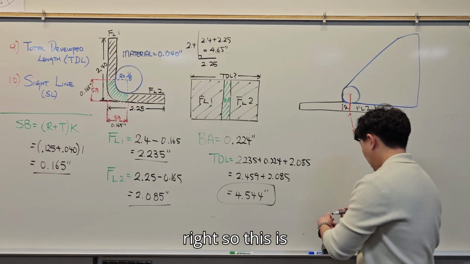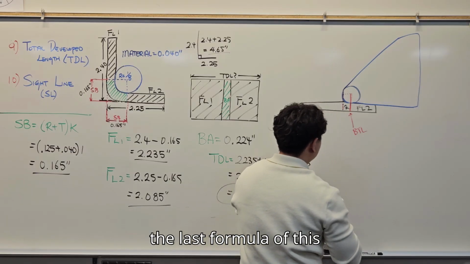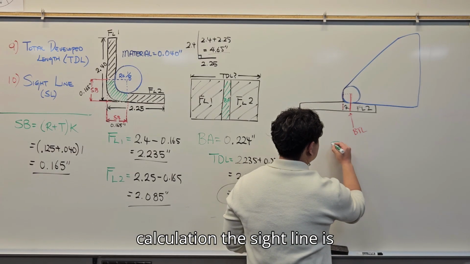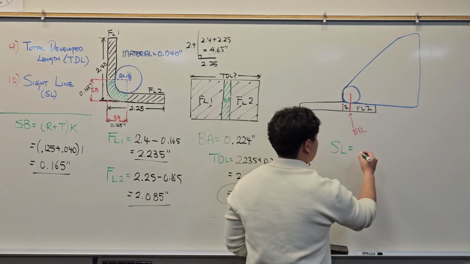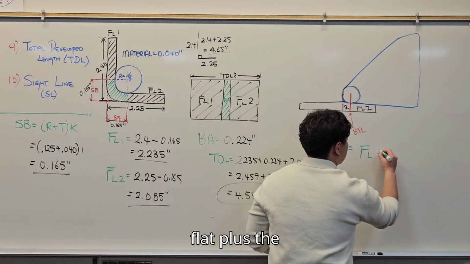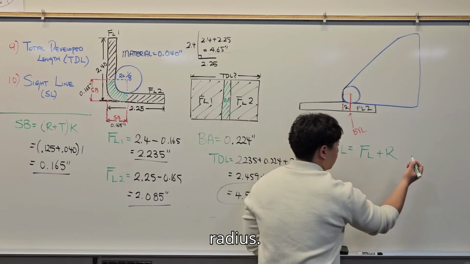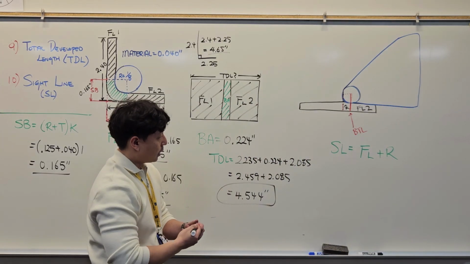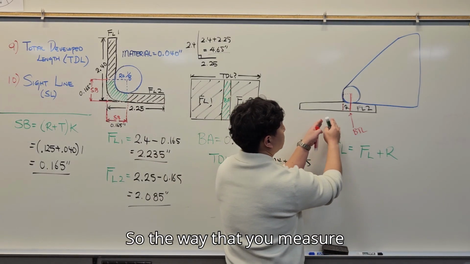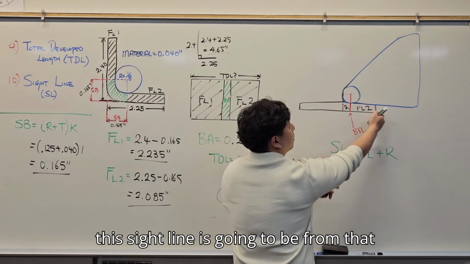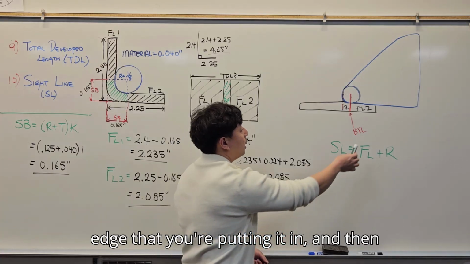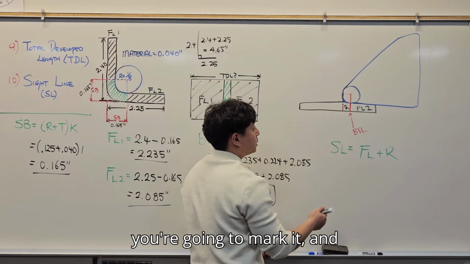So this is the last formula of this calculation. The sight line is equal to flat plus the radius, right? The way that you measure this sight line is from that edge that you're putting it in, and then you mark it.